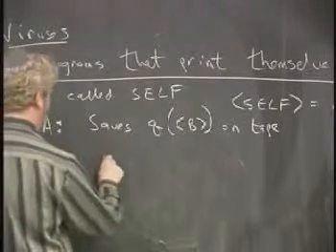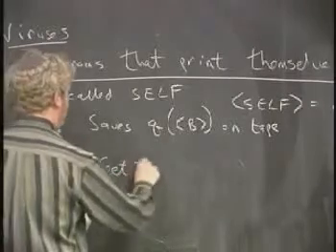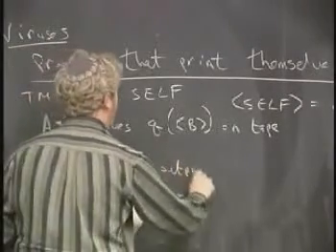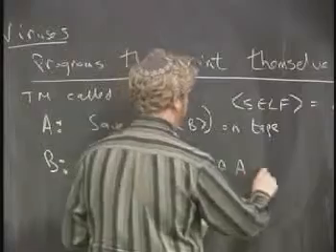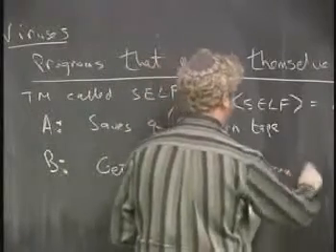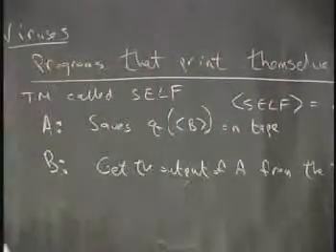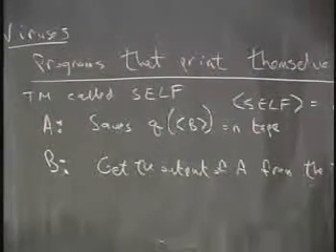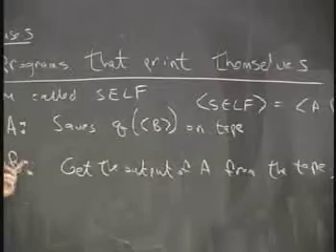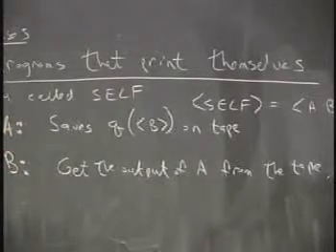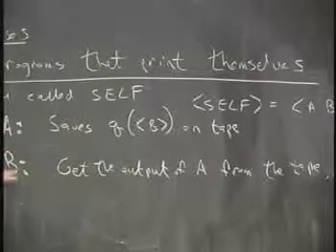All right, so here's what B does. Get the output of A from the tape. It goes ahead on the tape and looks at whatever A outputted. In other words, what is it getting from the tape? It's getting its own description. This is a key part.